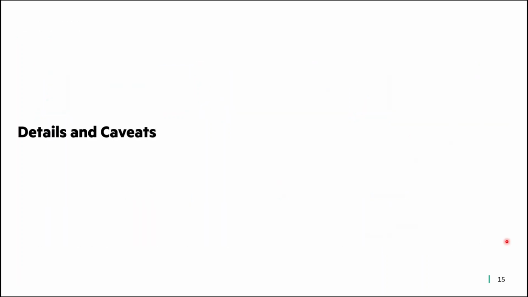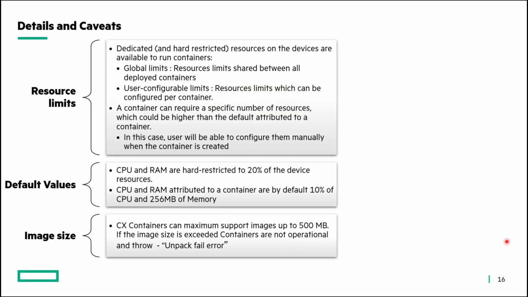So let's look at the details and caveats. With dedicated and hard restricted resources on devices for running containers, we have two types of resource limits: global and user configurable resource limits. Global limits are shared among all the containers, while user configurable limits can be set individually for each container.